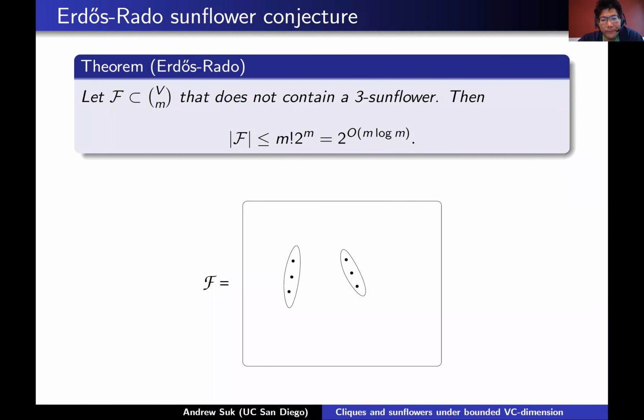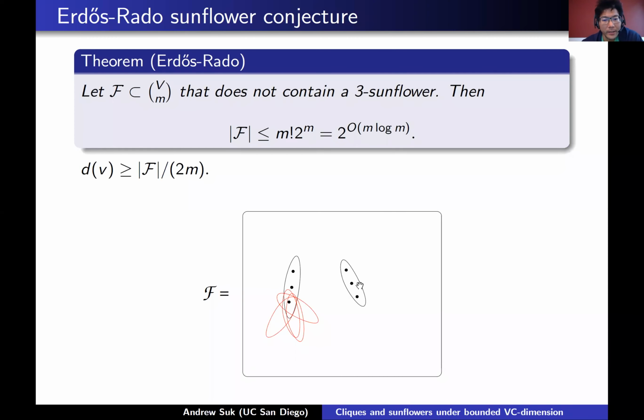And these 2m vertices will hit every set in my family because there's no 3 pairwise disjoint sets. So these 2m vertices hit every set in my family. And so therefore, by pigeonhole, one of those vertices will hit at least this many sets from my family.